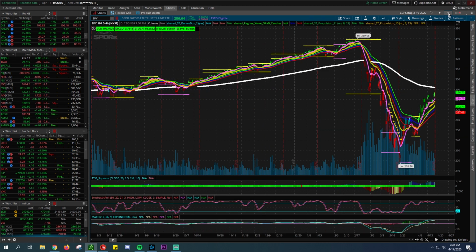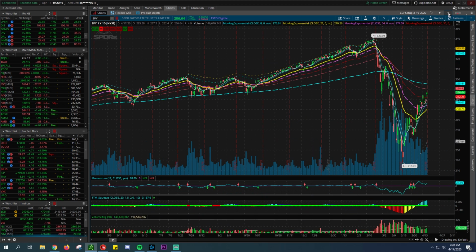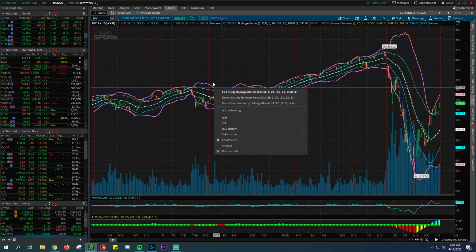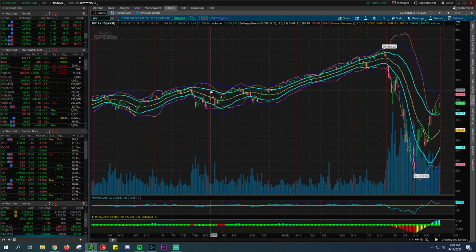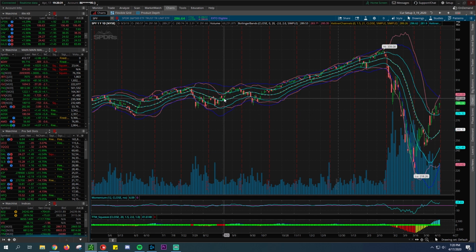This one I paid for, so I can't really show too much of that, but I can explain it in a later video. So this is what I was talking about, what the squeeze is. The Keltner channels are the blue teal lines. When the Bollinger Bands contract in, these dots turn red. So it turns red, which means the stock's going to pop, and then it did, and went to the upside.